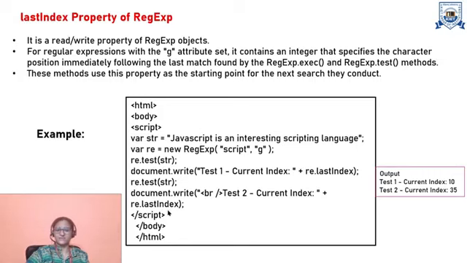In this case, the search will begin after 10, because the first script string finished there. So after position 10, we continue to find the same string, script. For another search, it continues from the last index of the previous match, where it finished.